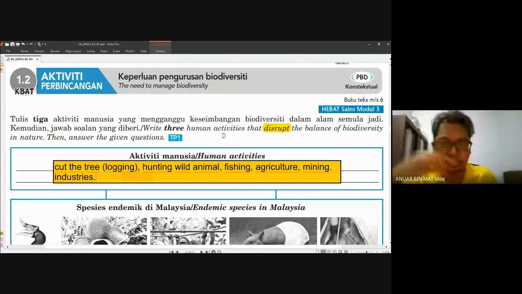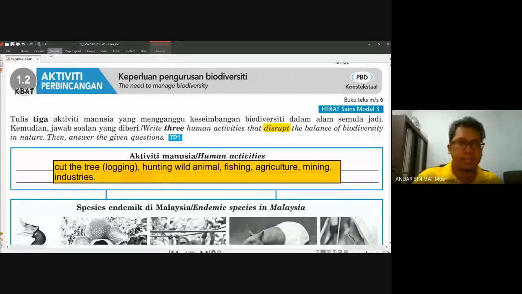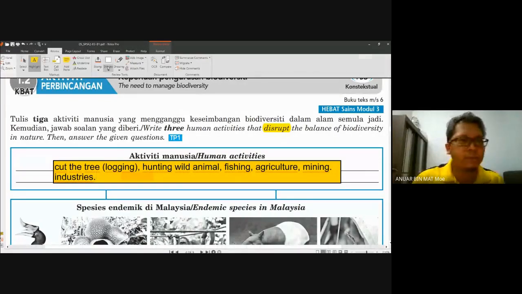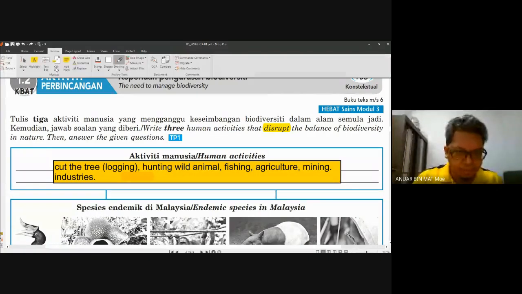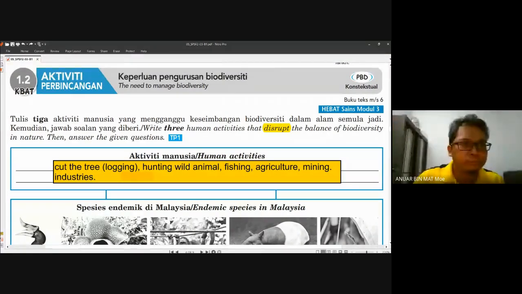When the question asks you, after this, you try to write your answer based on the question. These are the keywords of the question, what we call the requirement. Okay, you can see here: write 3 human activities. Meaning what? Write.